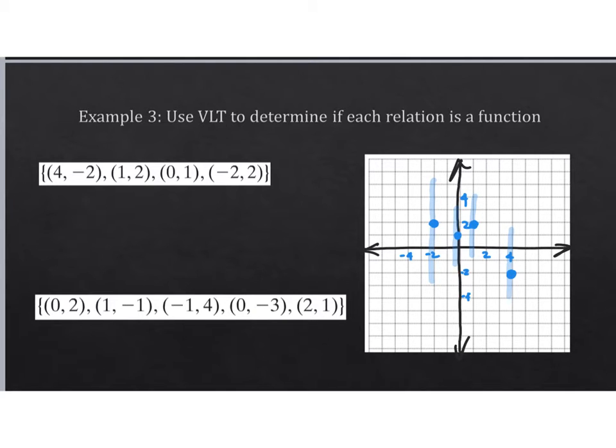So what that tells me then is that this relation is a function. You can also confirm by saying I have a 4, a 1, a 0, and a -2. So my x values do not repeat. Therefore, there's only one y value for every x value.